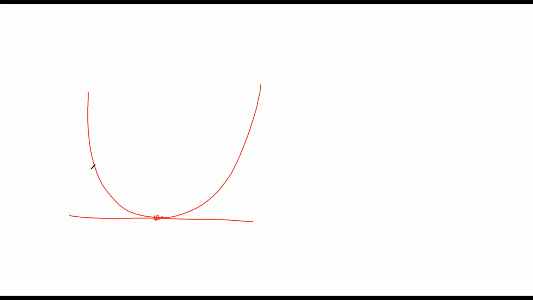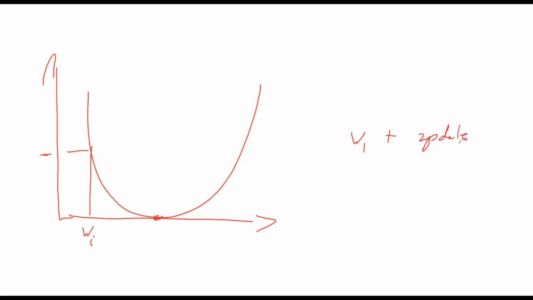Remember we had drawn this chart before. Your weight value was here. You're here at I, and it's not optimal, right? What you're going to do is update that W.